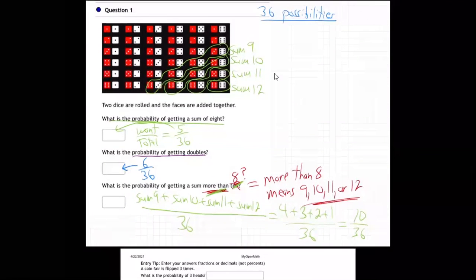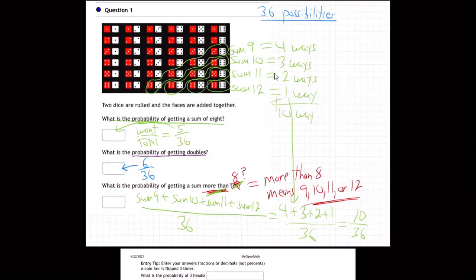There's 4 ways to get a sum of 9, 3 ways to get a sum of 10, 2 ways to get a sum of 11, and 1 way to get a sum of 12. So I just added all those up right there. 4, 3, 2, 1, add them up.